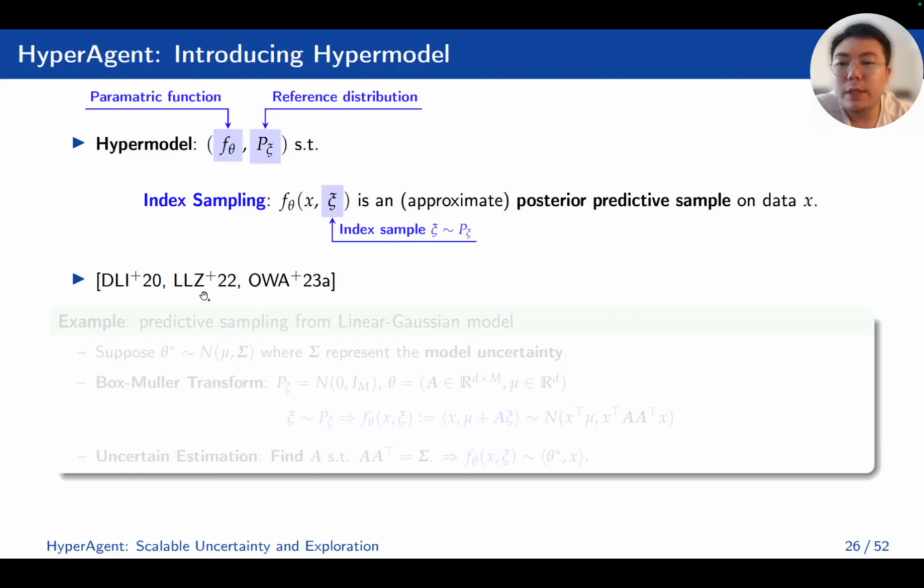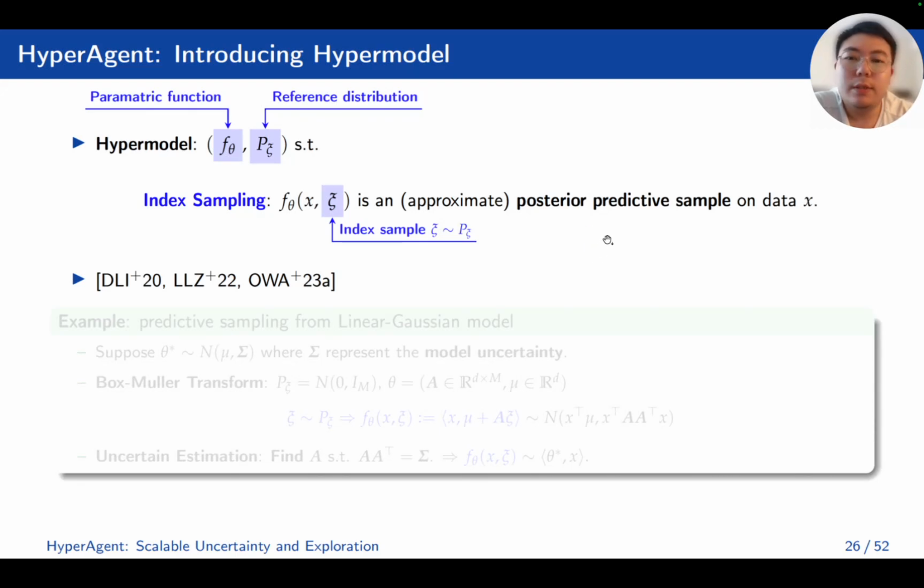Basically, this is also our work based on the hypermodel. Anyhow, this hypermodel is a parametric function that takes the index from a reference distribution. You can think of a fixed Gaussian distribution in low dimension, and it transforms the x input and the index to a posterior predicted sample.